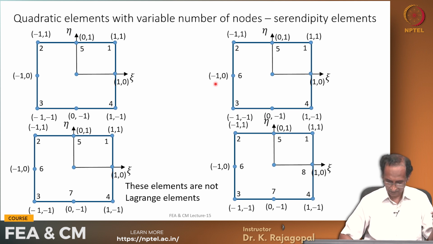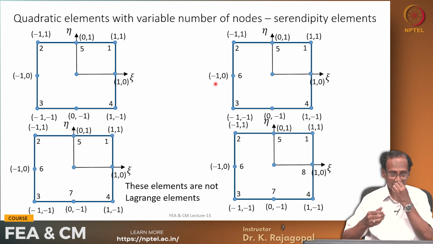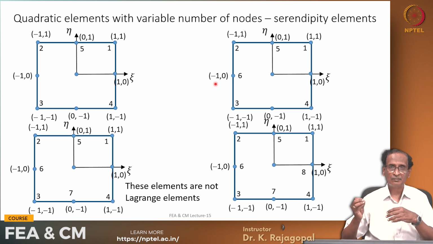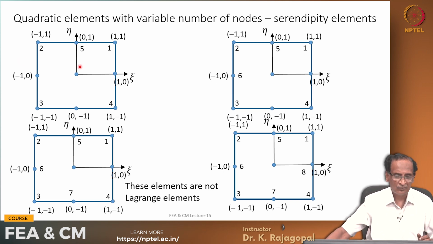The advantage with the serendipity method is that we can incorporate elements which are not exactly Lagrange elements, with any variable number of nodes. For example, we can think of a quadratic element with 5 nodes.